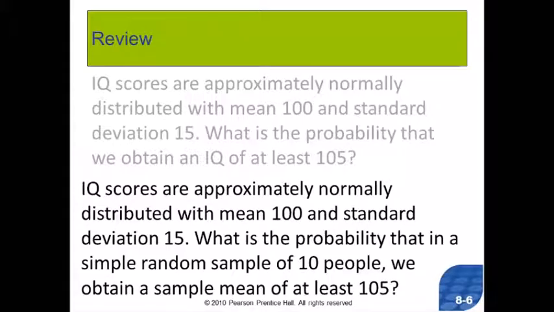So based on the structure of the question, first difference is there is a simple random sample of 10 people. Another difference is we are asked to find the probability of a sample mean now. So how do we compute this one?